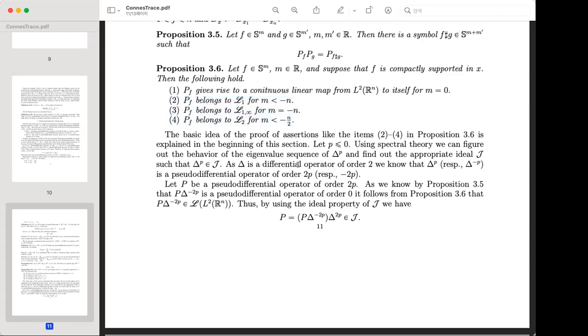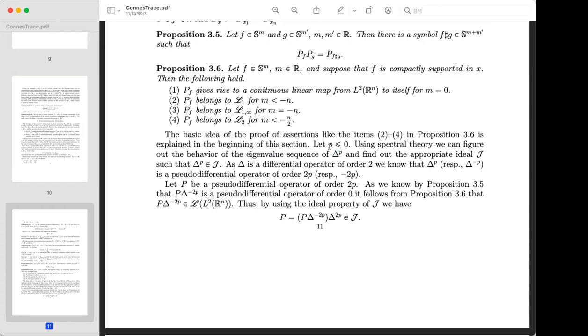In the Euclidean space, let p be less than or equal to 0, and the spectral theory of the flat Laplacian on the Euclidean space is very well known. So we can figure out the behavior of the eigenvalue sequence of the p-th power of the flat Laplacian.